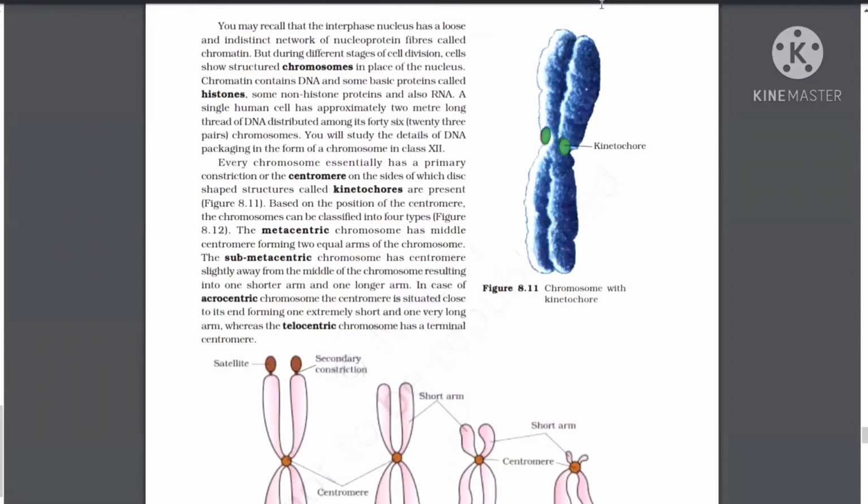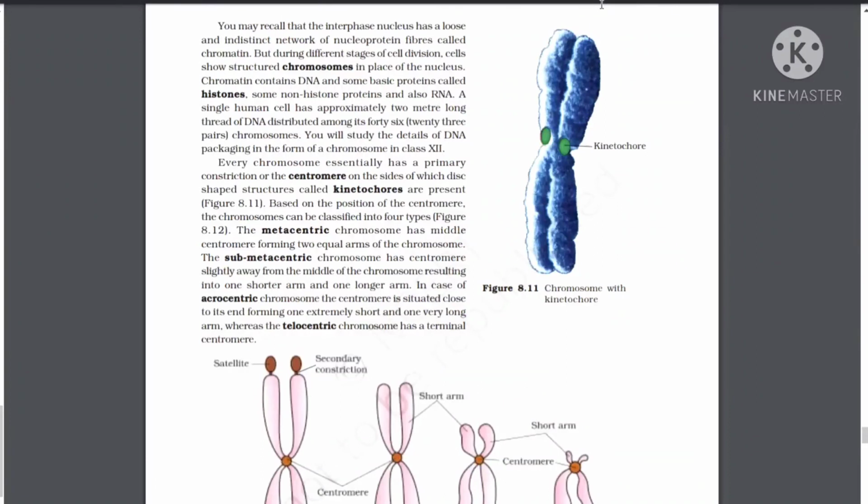And for this, you can do one thing. You can go and check one video in the playlist, that is packing of the DNA in eukaryotes. You will understand how they make use of histone proteins to pack it. Okay. Apart from this, they are using non-histone protein also and RNA. This much is clear.